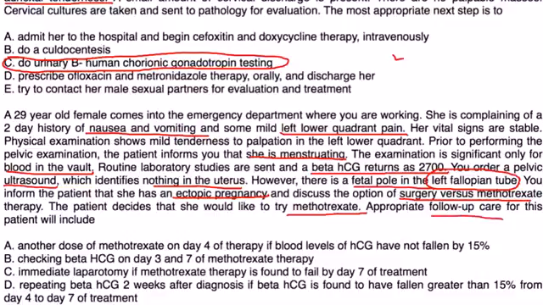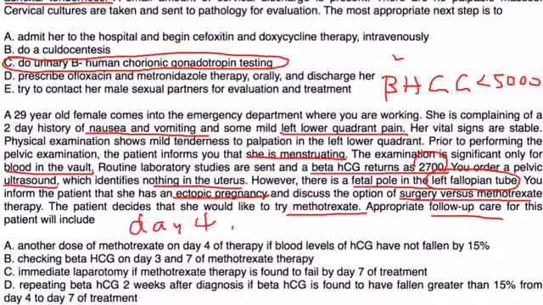Appropriate follow-up care for this patient will include, okay, you may remember earlier I talked about methotrexate and that there's certain conditions that you can give it in, and one of them is that the beta-HCG has to be less than 5,000, and that is indeed the case here. So if you give methotrexate, there's a very specific way to follow up, and that is on day 4 and day 7.